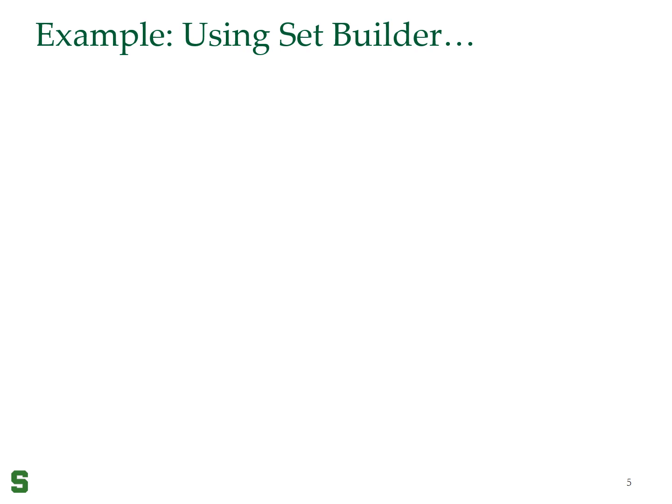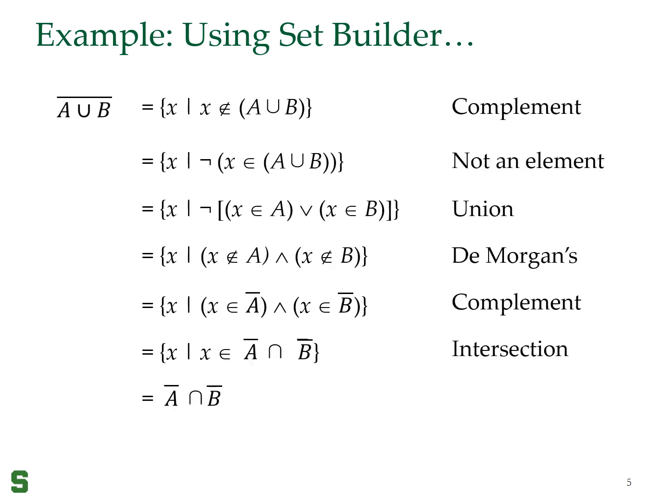Let's look at the first approach using set builder. So what is A union B complement? Well, let's first look at the fact that the last thing that we are doing is the complement of something. So I can define this as the set of elements X such that X is not in A union B. Now I can define what it means for something to be in a union.